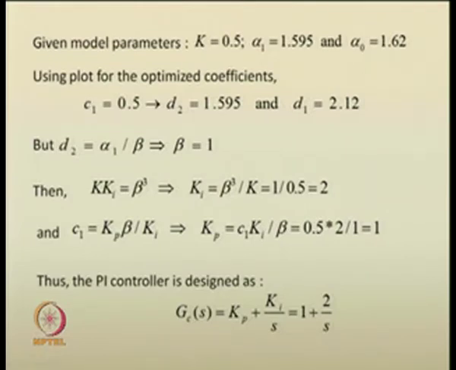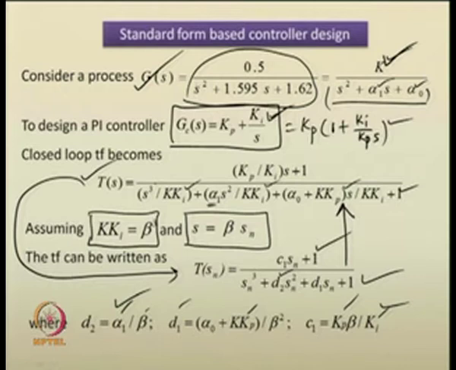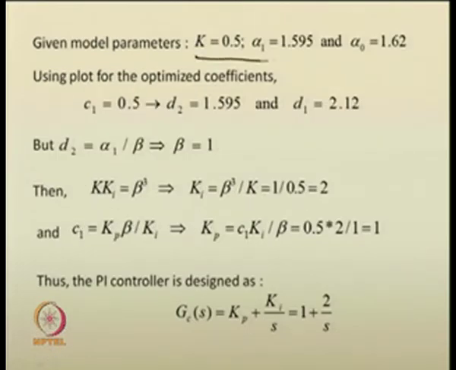Now, let us go to the particular case. For our case, as you have seen, when the process dynamics is given as 0.5 upon s square plus 1.595 s plus 1.62, at that time k becomes 0.5, alpha 1 becomes 1.595 and alpha 0 becomes 1.62. That is what we have got.